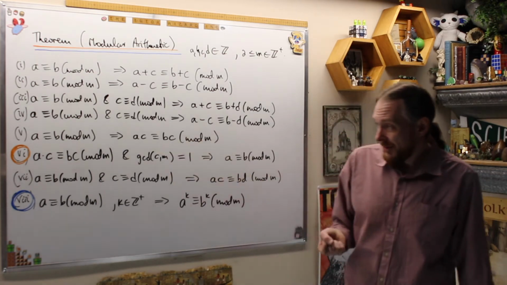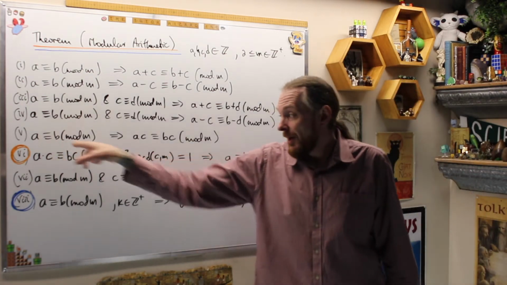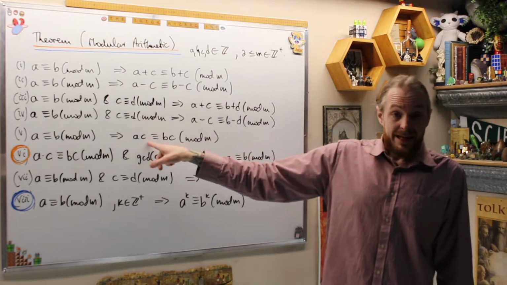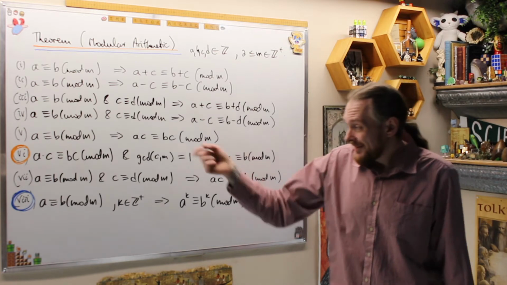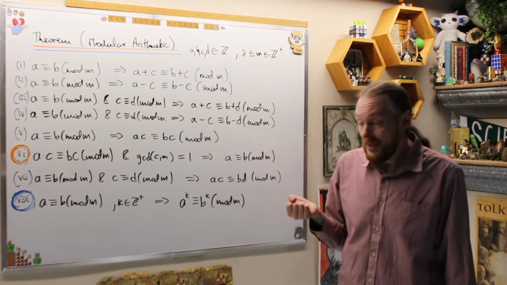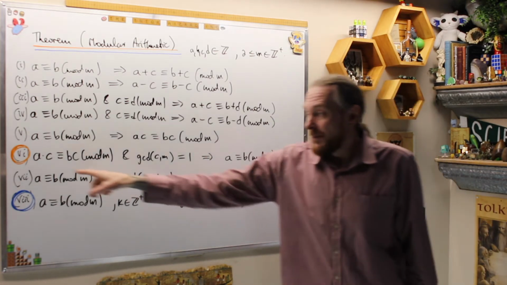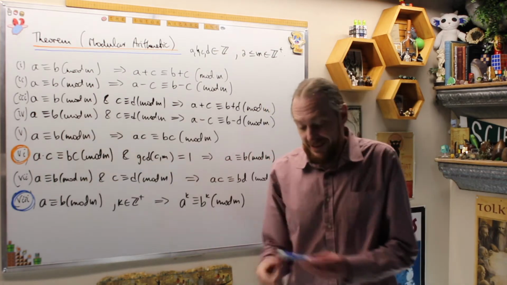Another one that's going to be extremely useful is if a is congruent to b mod m, you can multiply on both sides by c, and this will give you a times c is congruent to b times c mod m. The one that we have to reverse is we have to be careful if we want to cancel c, essentially.